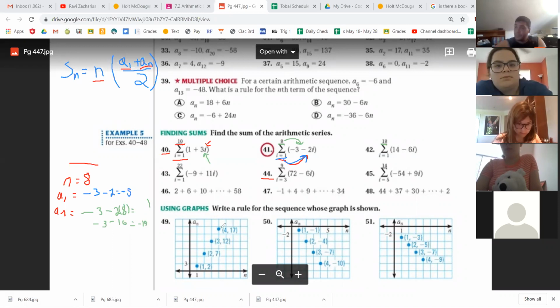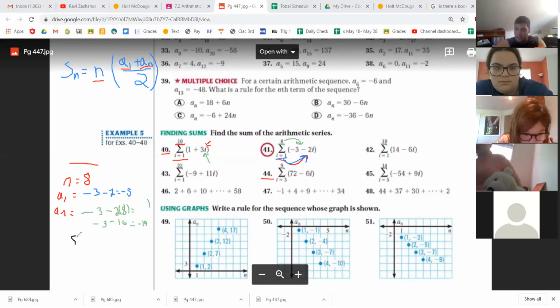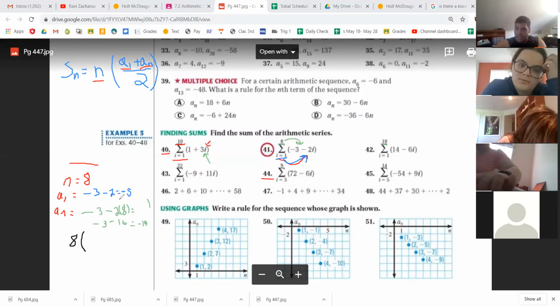Okay. So we got all the actors. Let's start the play. It's going to be n. N is 8 times A1, which is -5, plus -19. So I could just write -19. Okay. Because it's plus -19, I'm going to write -19, all over 2.